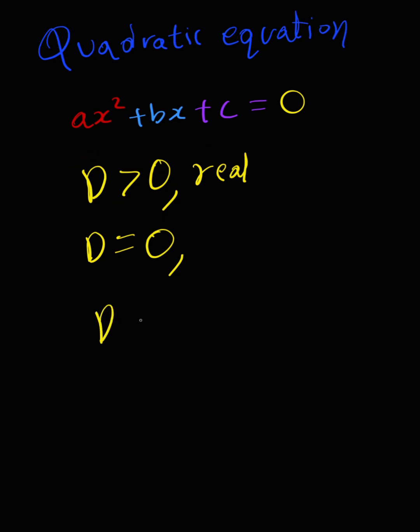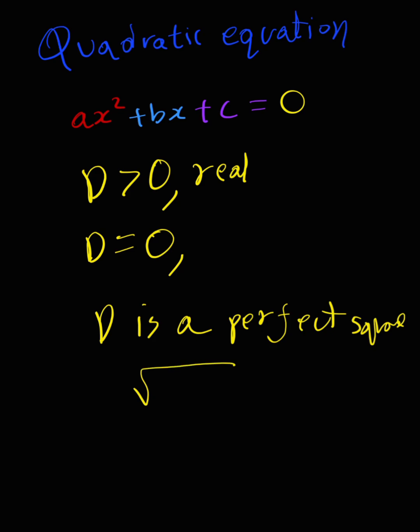If your D is a perfect square, that is, like the square root of a square, then your roots will be rational, provided that every coefficient is rational, meaning it must not be something like root 2 or root 3.